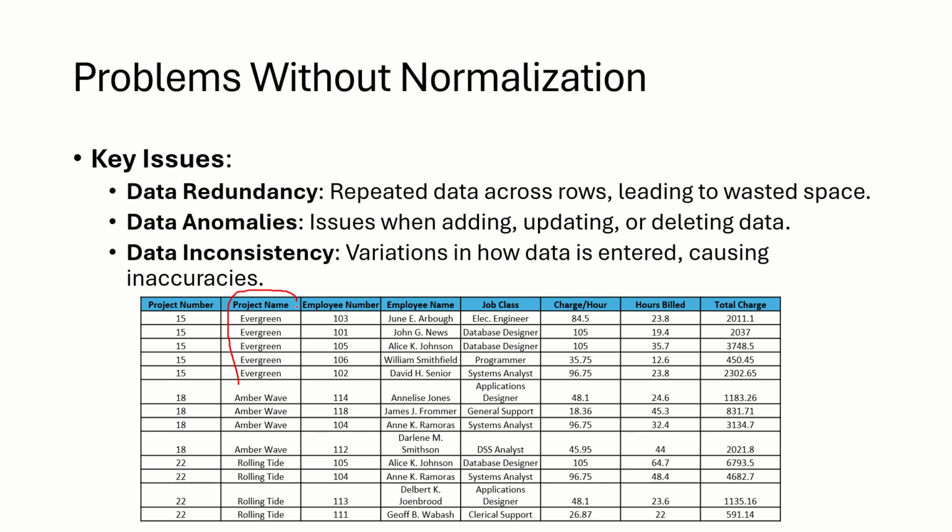For example, in this line, the project name Evergreen keeps happening. Project numbers keep repeating, and you can see others like job classification right here is duplicated, and this one is also related to the job classification.